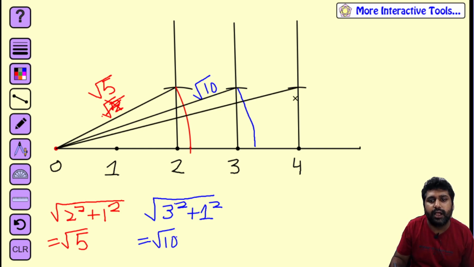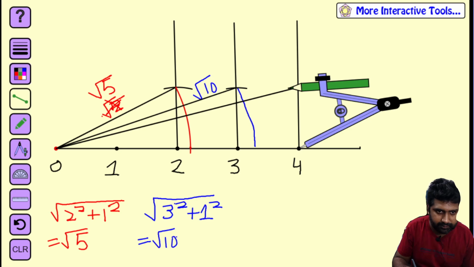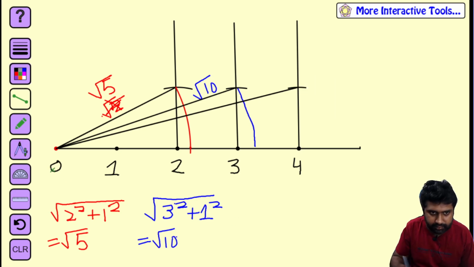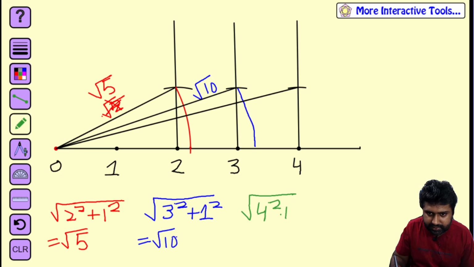Now if you apply the Pythagoras theorem, let's see what it'll give. On this last triangle that we have created, the biggest one, your base is 4. So 4 square plus 1 square.